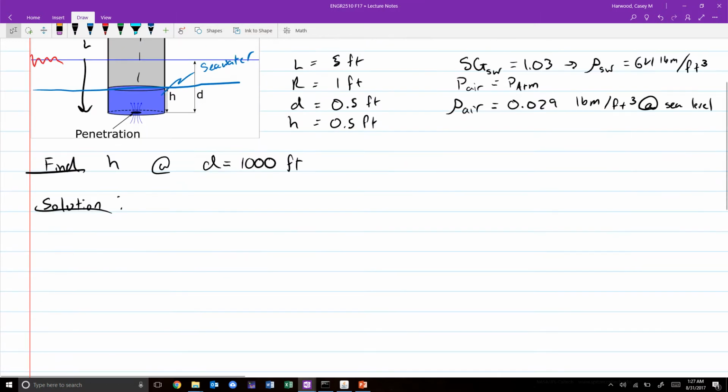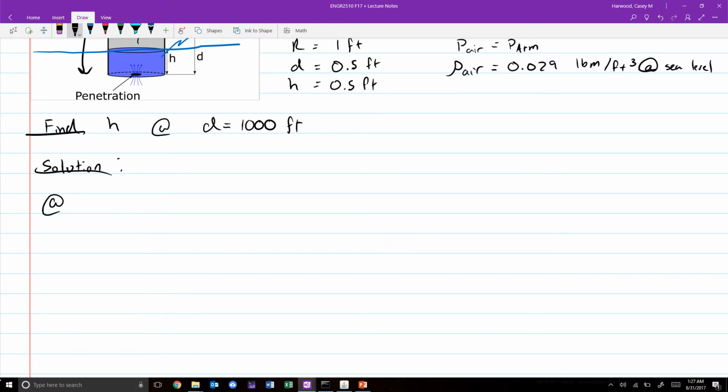So at the start of the dive, we can say things like, well, the volume of the tank, which of course remains the same throughout the dive, is equal to pi r squared times L, which when we plug in values yields 15.7 cubic feet.